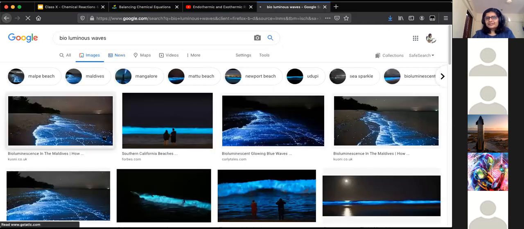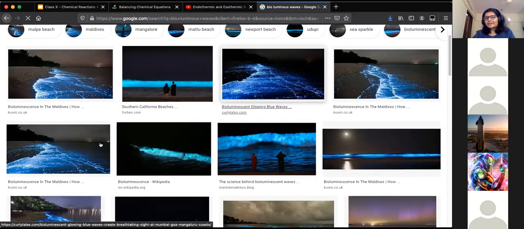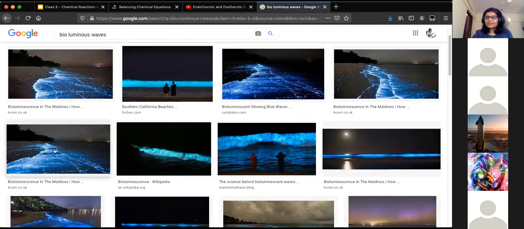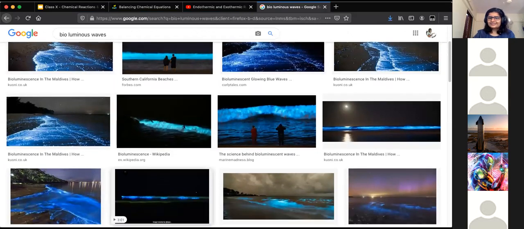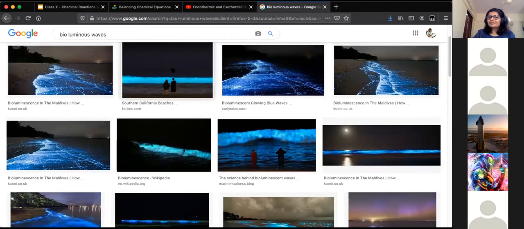So the waves of the beach light up because of the presence of those particular species of algae that have bioluminescence. It's there in the Maldives, Southern California also.